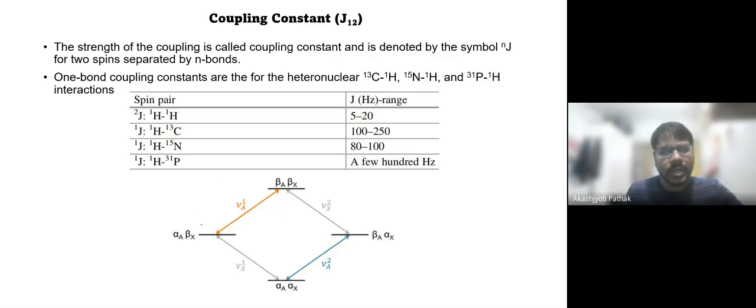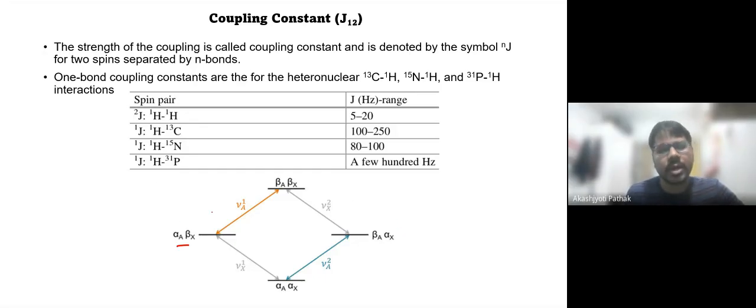Basically, what is shown in this figure is that if there are two spins, A and X, there can be two populations. Your A nuclei can exist in the alpha state or in the beta state. Similarly, your X nuclei can also exist in the beta state or the alpha state.